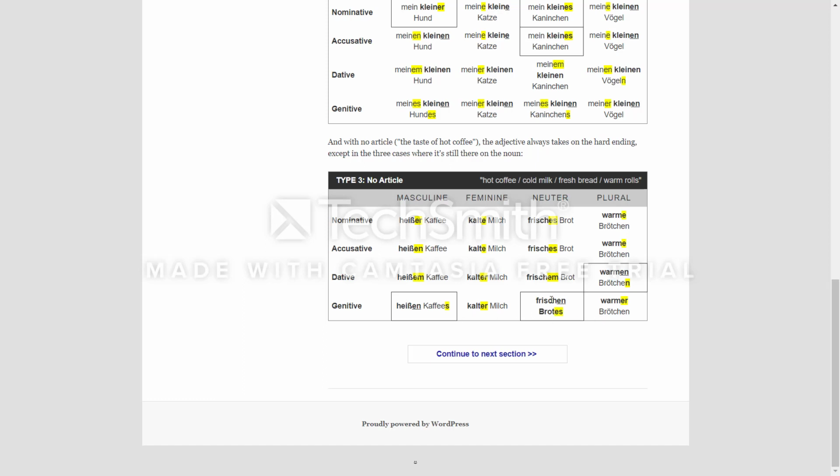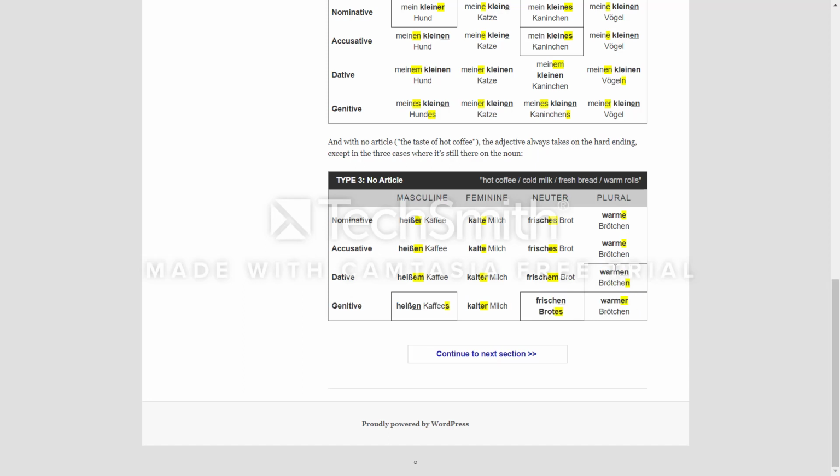Here we have 4 examples that don't follow the standard rules.